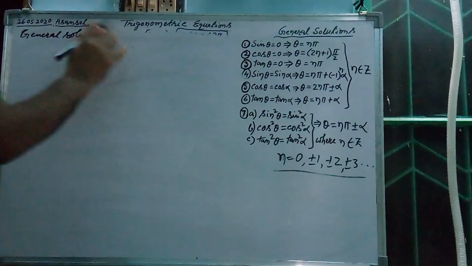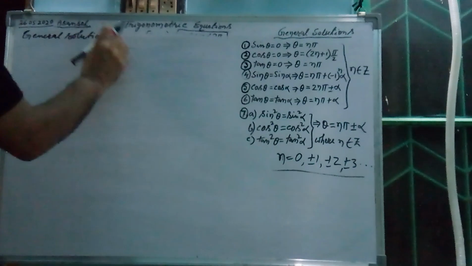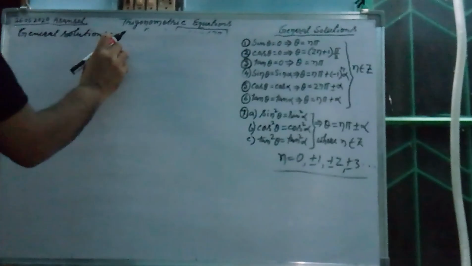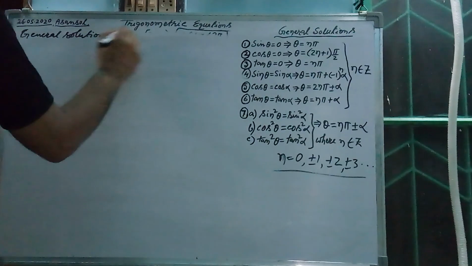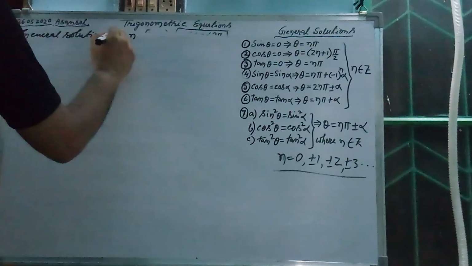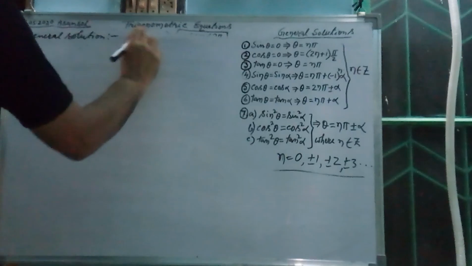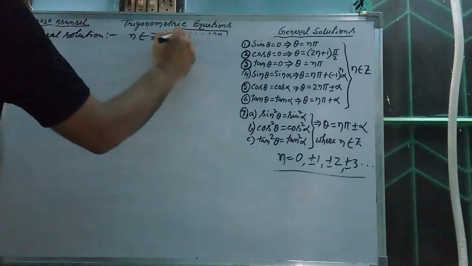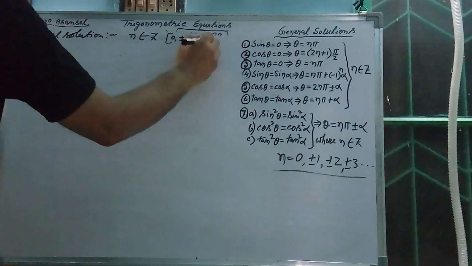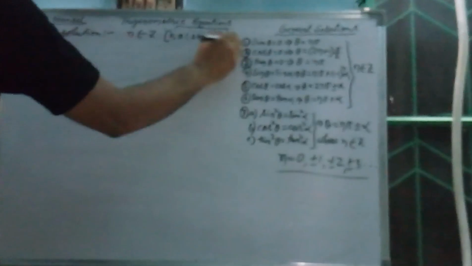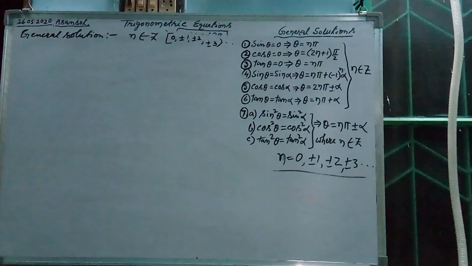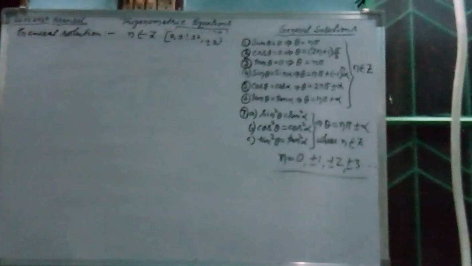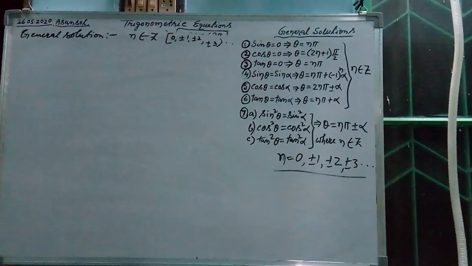All possible solutions of any trigonometric equation are called its general solution, and the general solution will always contain an n, where n belongs to Z. So what are the values of n? The values of n will be 0, plus minus 1, plus minus 2, plus minus 3, and so on.